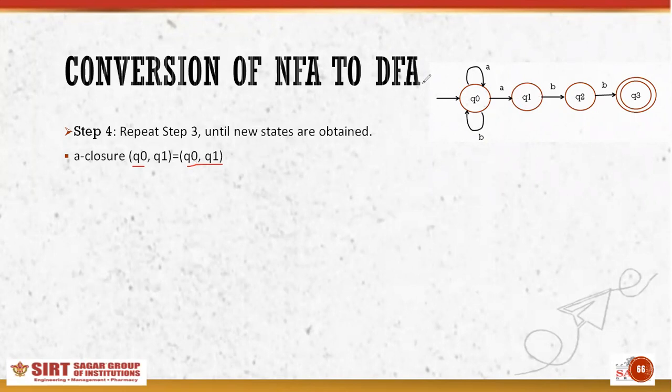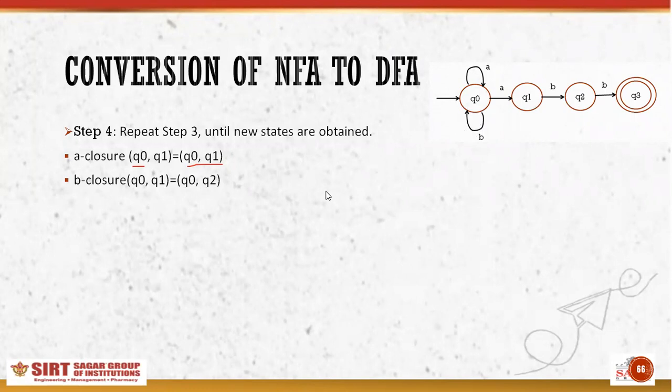Now, next is the b closure. On giving b to Q0, I am reaching Q0, so I have written Q0 here. And on giving b to Q1, I am reaching Q2, as you can see in the machine at the top of this slide. So the answer is Q0, Q2.